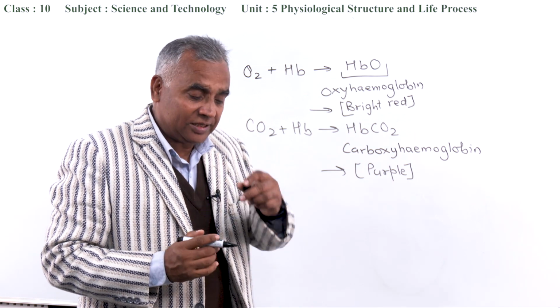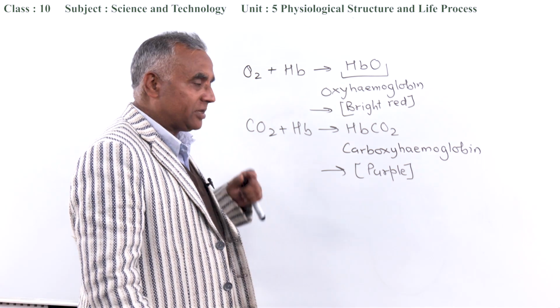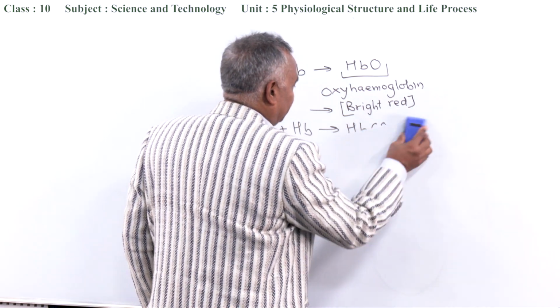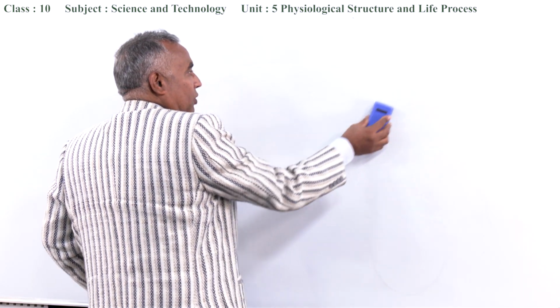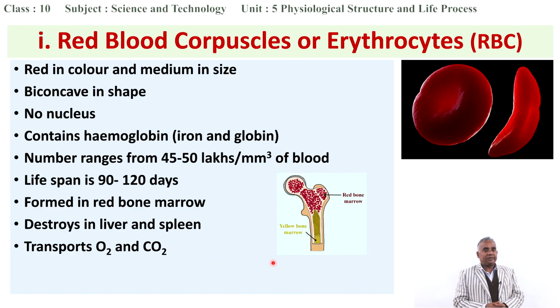Because there is an exceptional case, that's why I'm saying usually. So what is the exceptional case? Later we'll study. So that thing is additional here. When it transports oxygen, it is scarlet in color, and when it is transporting carbon dioxide, it is what? Purple in color.